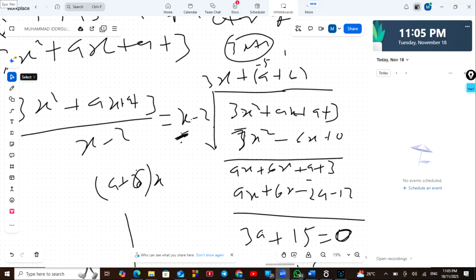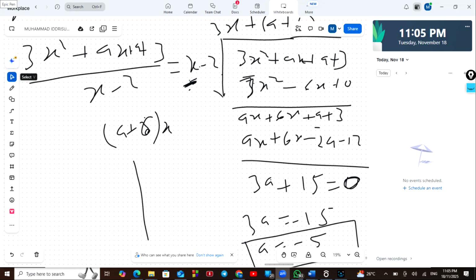So 3x squared plus the ax, now with a as negative 5, becomes minus 5x. We can just go back to the question and continue instead of wasting time doing all this stuff.